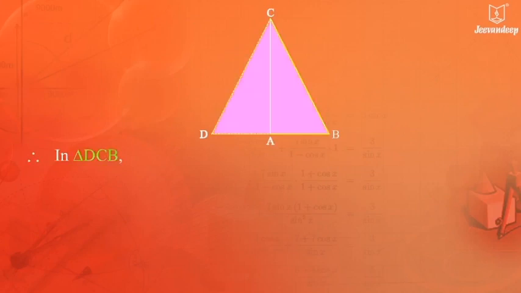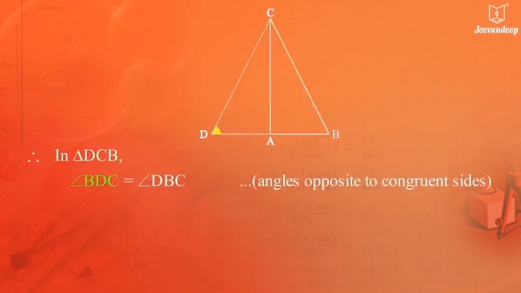Therefore, in triangle DCB, angle BDC equals angle DBC, angles opposite to congruent sides. But angle DBC equals 60 degrees as given.